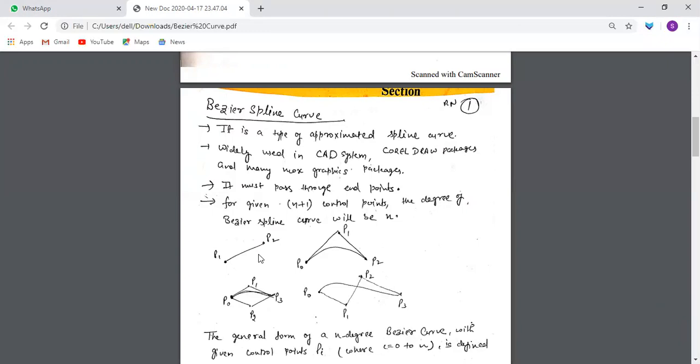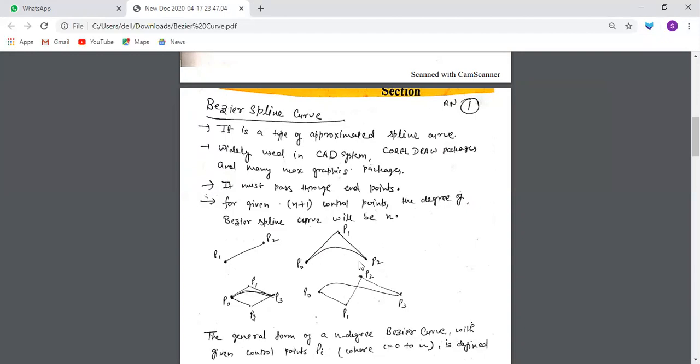Basically we require curves that have degree 2 or 3. Here we can see there are 2 control points, and this is a Bezier spline curve. Here are 3 control points: P0, P1, P2. So P0 to P1, this particular curve is representing the Bezier curve.